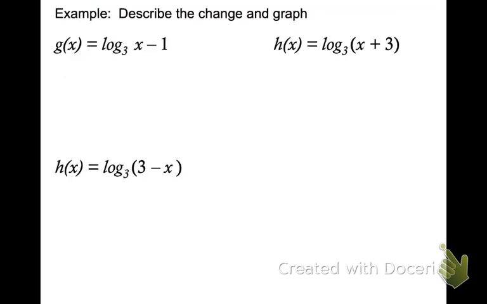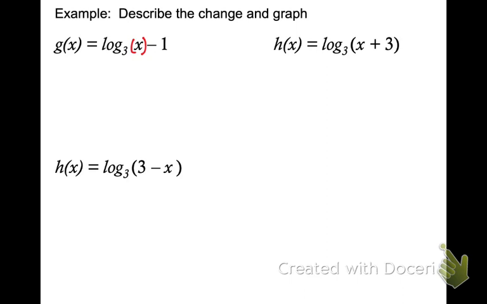Okay, describe the change. I personally always put parentheses in these things because I don't like guessing if it's an H or a K. The textbook is only going to put parentheses if it's an H. Got it? So is that -1 an H or a K?